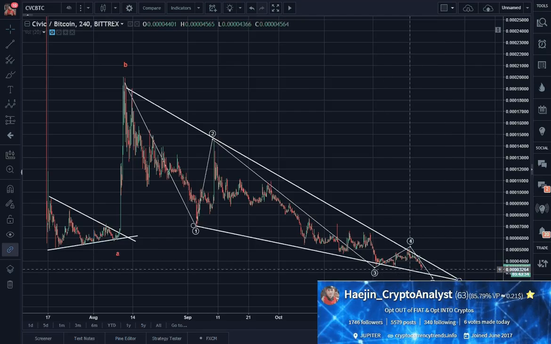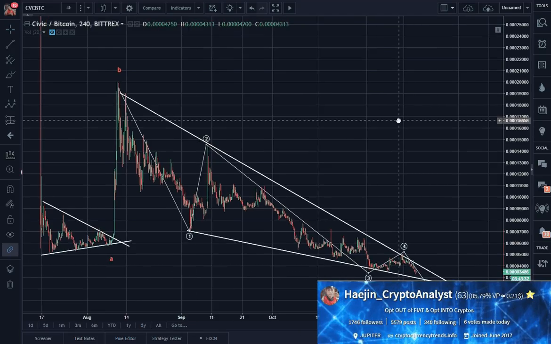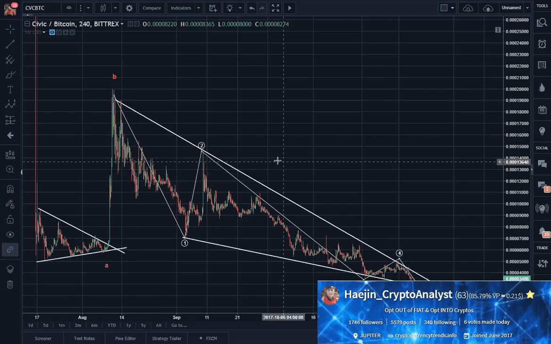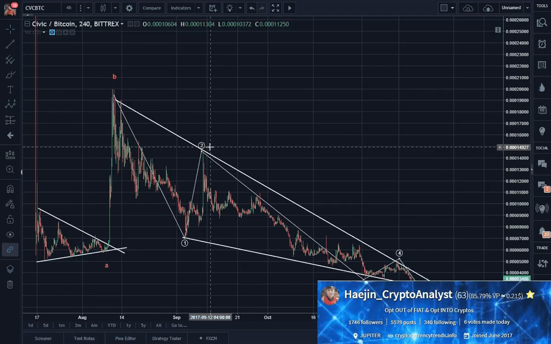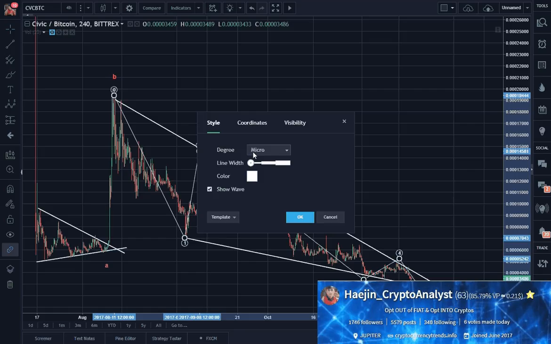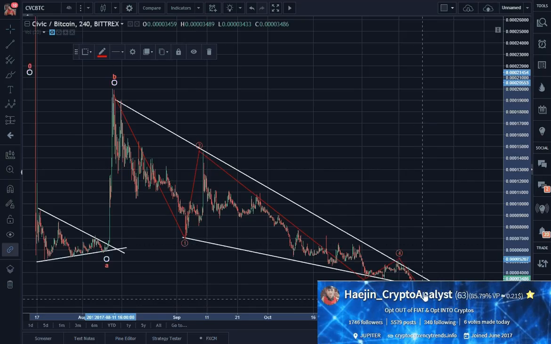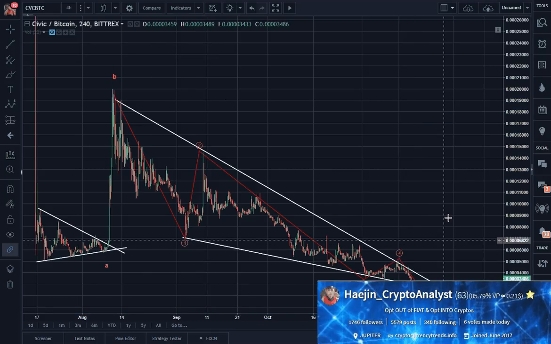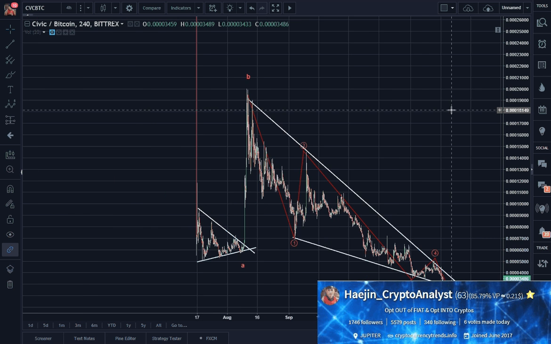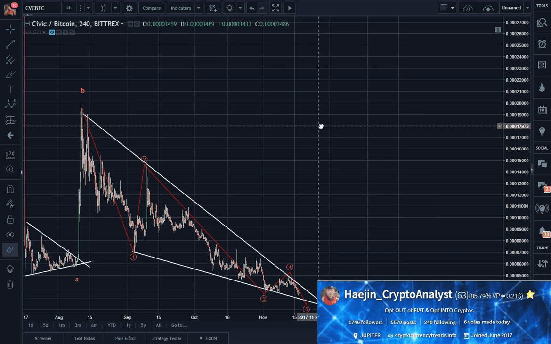So ladder in. Boom. The reason is because after the C wave is done and completed, you're going to see an impulse of waves coming up like this.